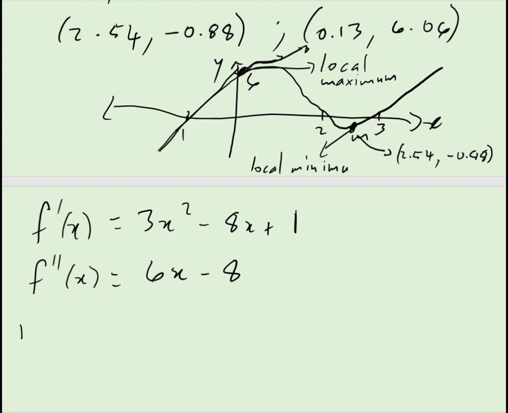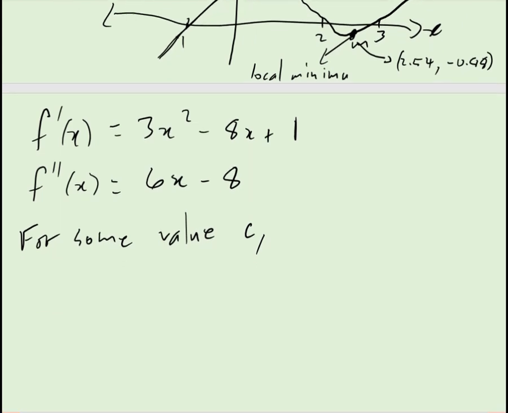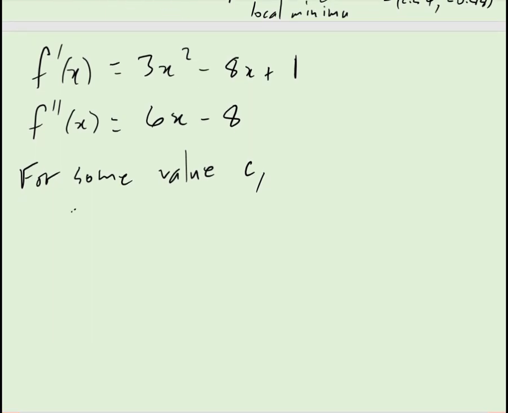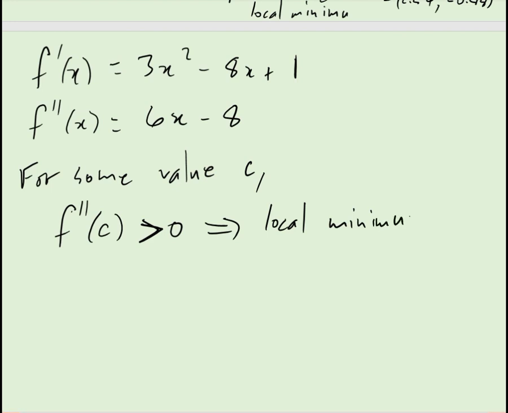Now, for some value c, if the second derivative of the function taken at the point c is greater than 0, then we have a local minimum. And if it's less than 0, we have a local maximum.